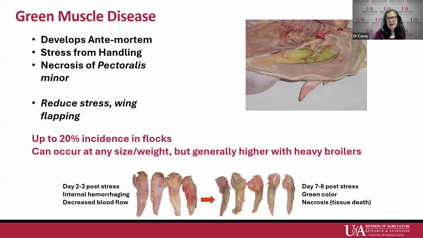Basically, what happens is that this is the pectoralis minor, or the tenderloin, that lies underneath the pectoralis major, or the breast fillet. When the pectoralis minor, the tenderloin, contracts, it will swell.